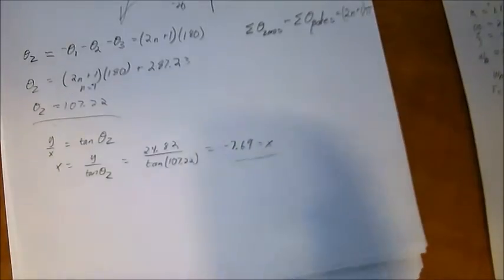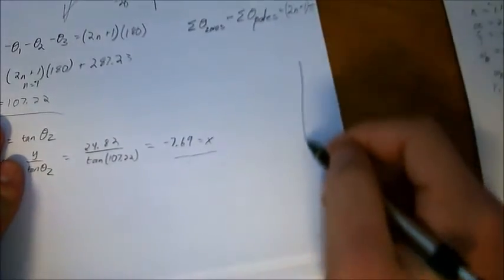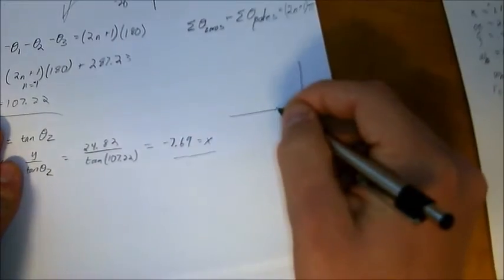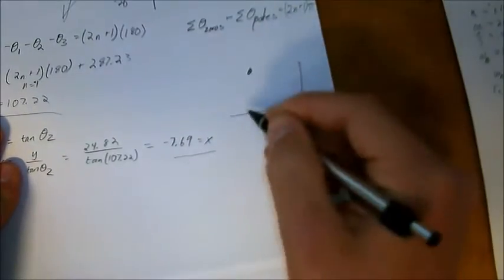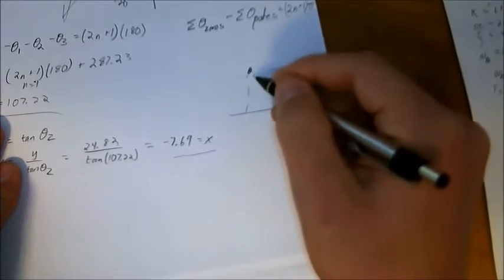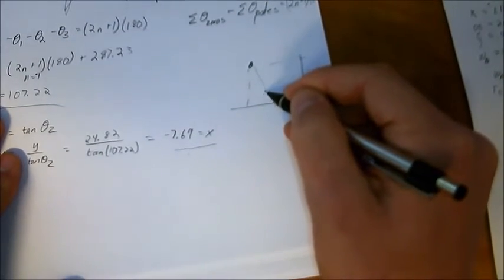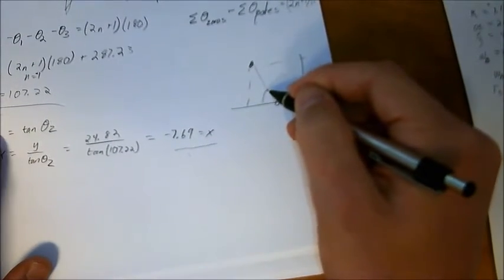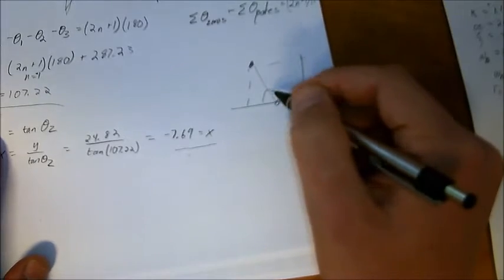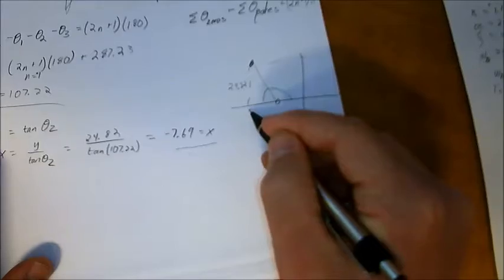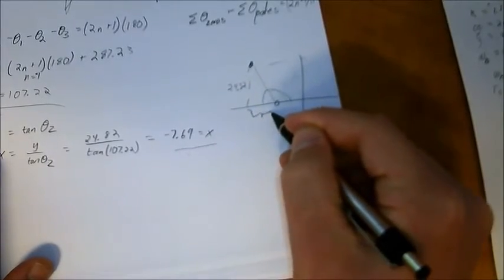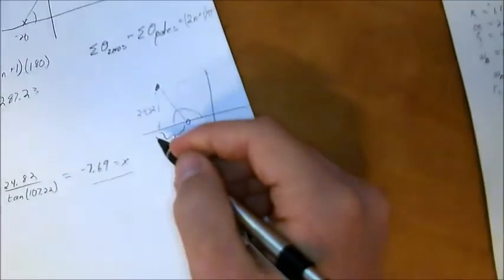Alright, so that's the length of the leg of the triangle. But now let me show you something that you got to watch out for. We have a 0 right here. The new pole is up there, coming down here, coming down there. What we just found, by using this angle right here, was that the height is 24.82. But what we just found was this little section right here.